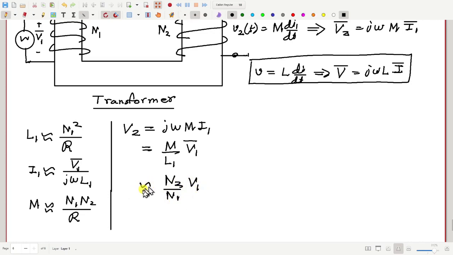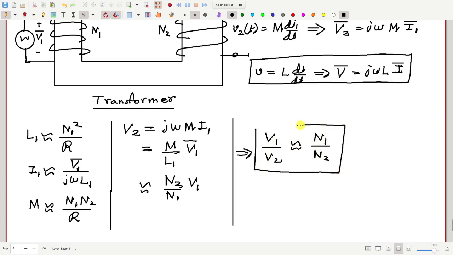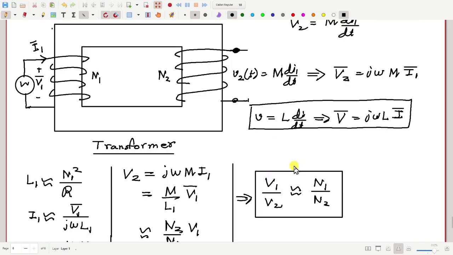These are all approximate equations as we have seen, but a very good approximation. So we see here that we can write V1 by V2 is approximately equal to N1 by N2. This is the relation between the two voltages for a transformer.